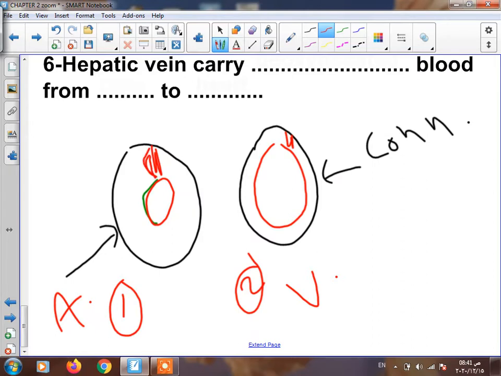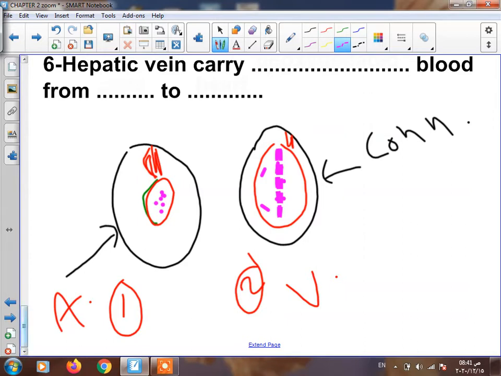Pay attention now. What is the diameter? The diameter, or the cavity, is this area. So which one is narrow? Yes, the cavity in the artery is narrow. Why? Because the thickness of muscles is thicker. But the diameter of the vein is wide. Why? Because the thickness of muscles is less.